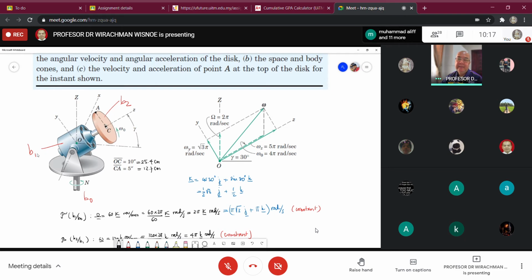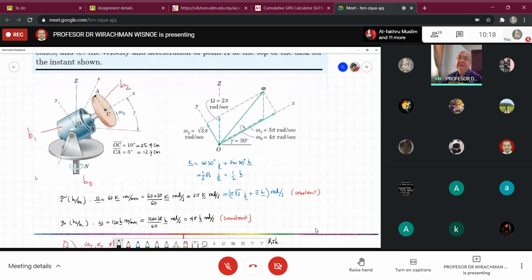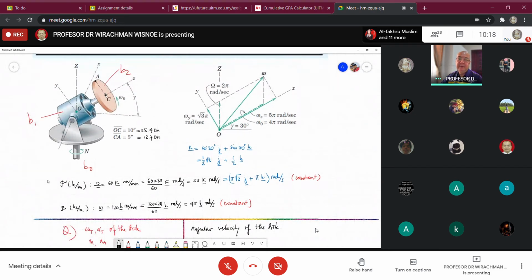Okay, B1 is moving with respect to B0 with an angular velocity of N. And then this disk is considered as body number 2. The disk is rotating with respect to body number 1. So in this case, we have 2 frames, or 2 axes or 2 coordinates if you want.